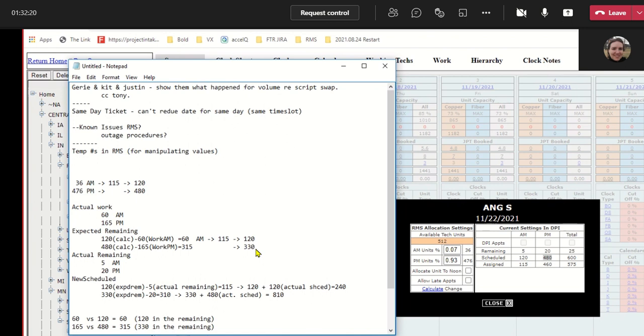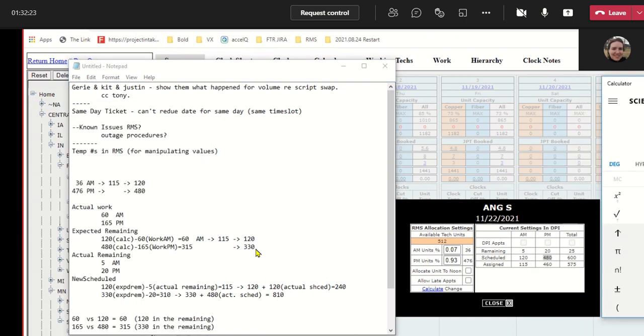And then, if you want to look at the other side of that math, say we did that. So now I put in 810 units, right? Well, 810 minus the 460 that's assigned is 350 remaining.